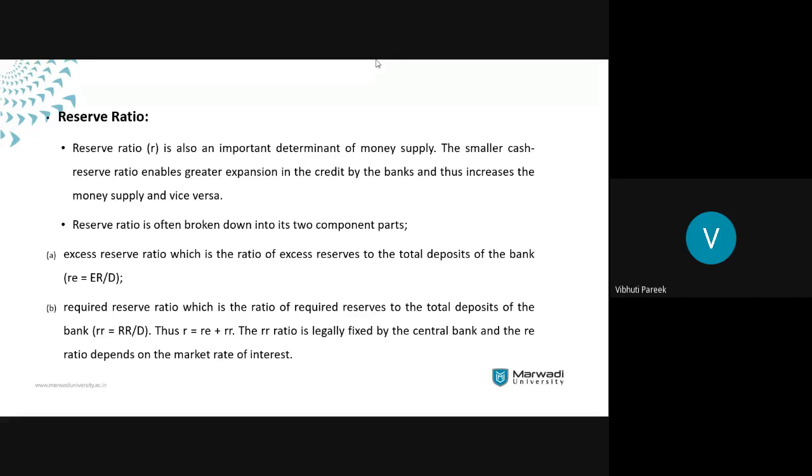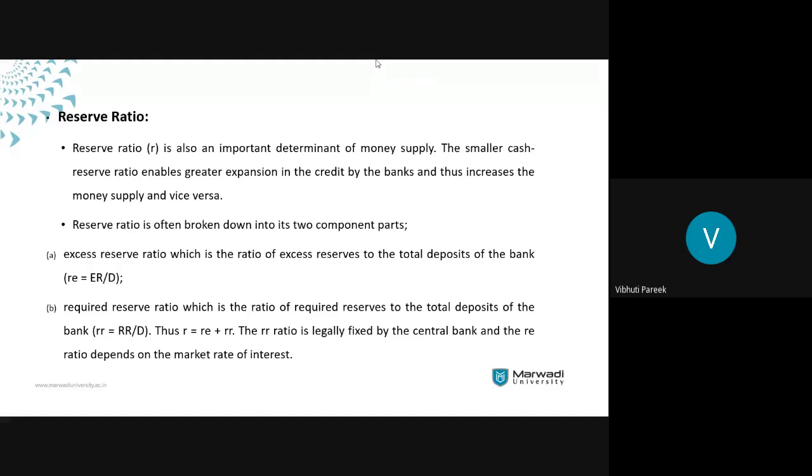Okay, so with the help of this reserve ratio, we can determine the money supply, because these smaller cash reserve ratios enable the greater expansion in the credit by the increase in money and thus they increase the money supply. Now this reserve ratio is often broken down into two components: excessive reserve ratio and required reserve ratio. Now what is the excessive reserve ratio?